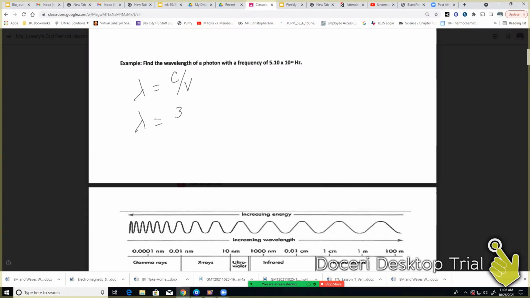So C is 3.00 times 10 to the 8 meters per second, divided by my frequency, which is 5.10 times 10 to the 14 hertz. And once again, since this has an exponent, you'll need to put that in parentheses. We still have 3 sig figs.